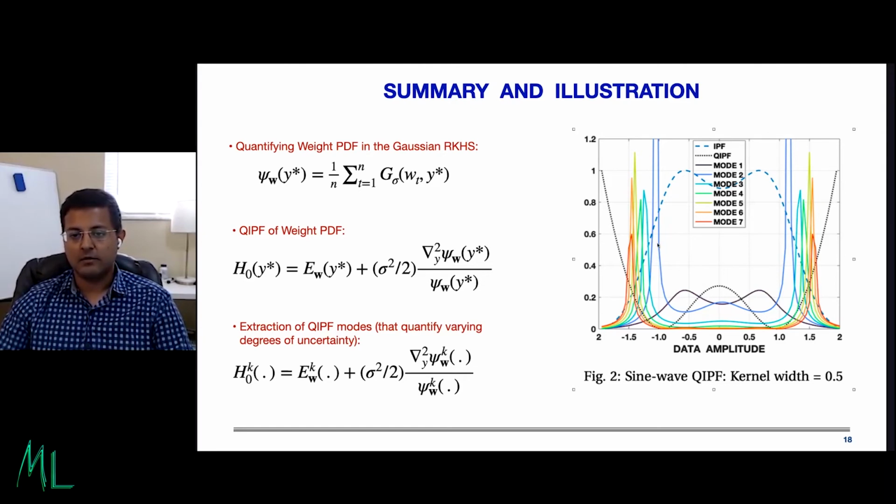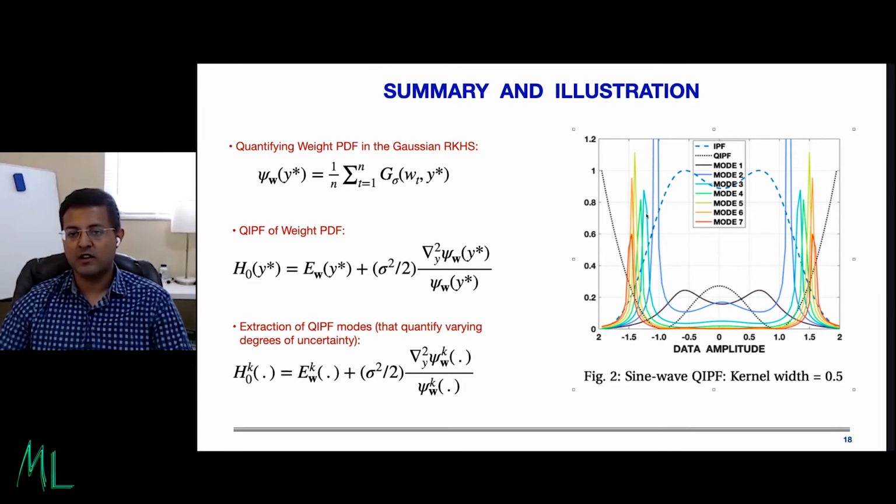And the colored solid lines are what the QIPF modes are. And you can observe that mode 1 quantifies regions quite near to the peak where the density of sine wave samples is the highest. And as you go outside towards the tail regions of the sine wave, you have higher order modes popping up.